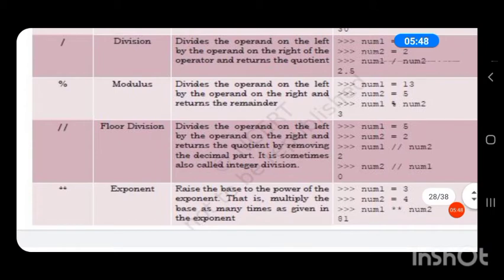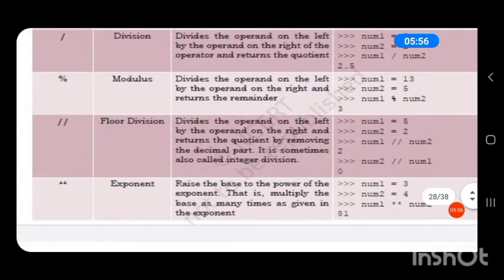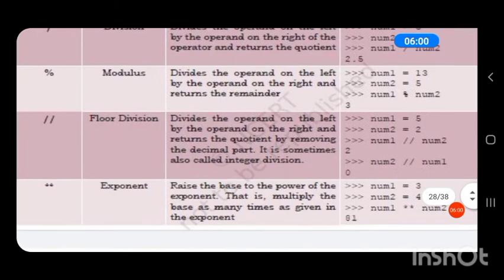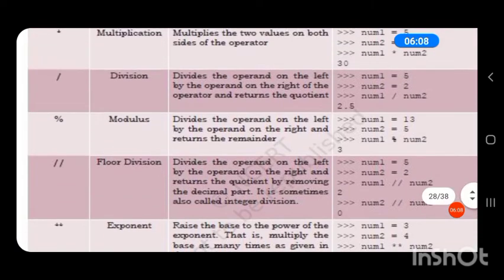Next is floor division. These 2 slashes indicate floor division. It divides the operand on the left by the operand on the right and returns the quotient by removing the decimal part. It is sometimes also called integer division. In division, when we divide 5 by 2, we get 2.5.